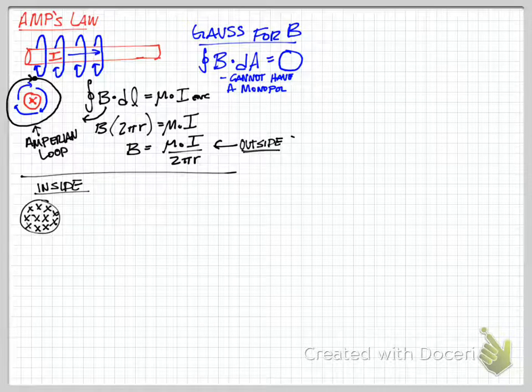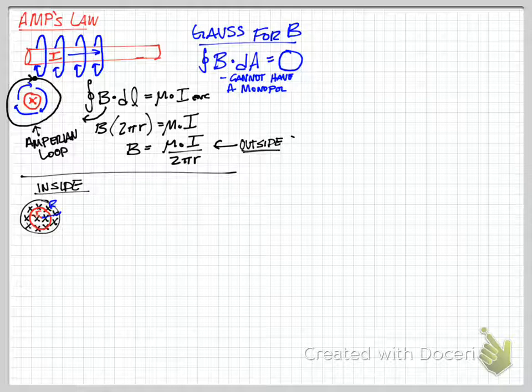And so what we're going to do is put our Amperian loop here. We're going to say our wire has a radius of big R, our Amperian loop has a radius of little r, and what we want is the magnetic field inside of the wire, inside of that little bit of r.